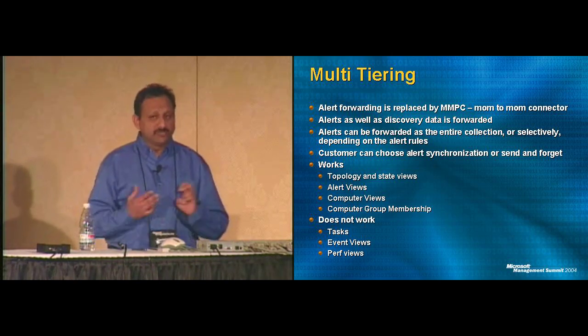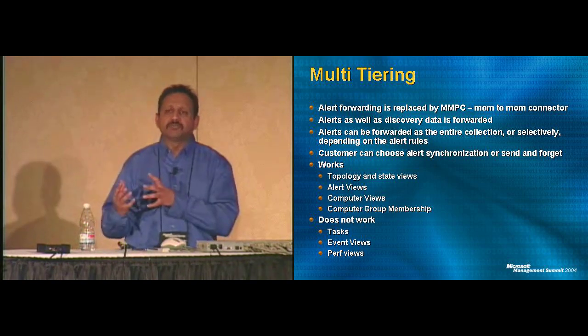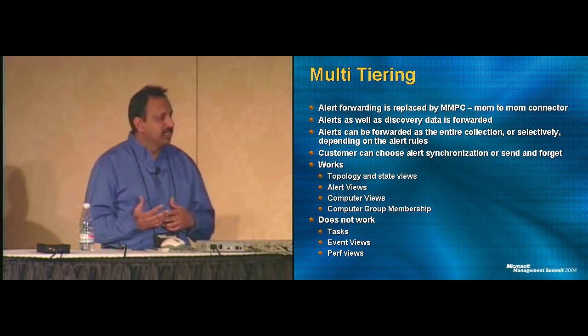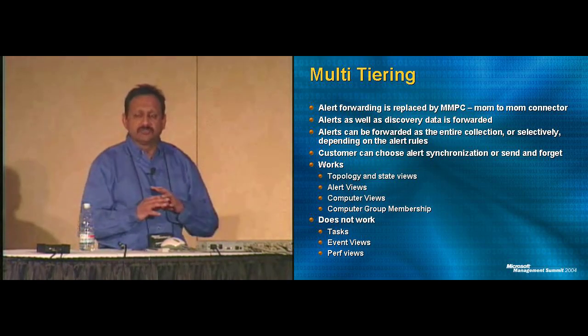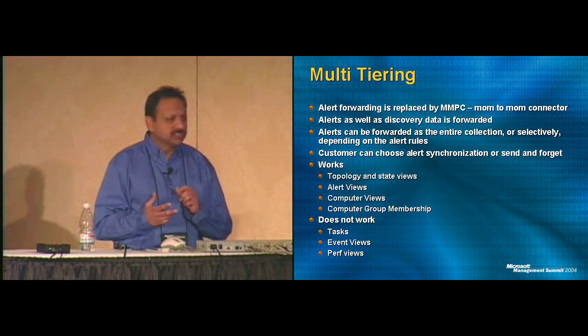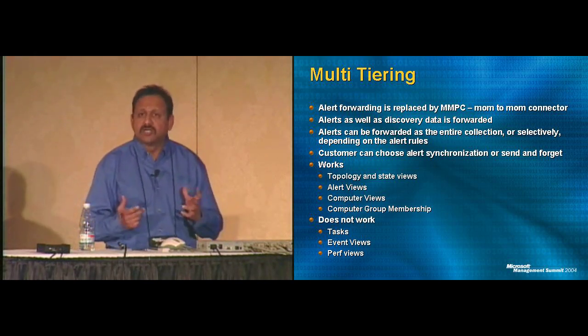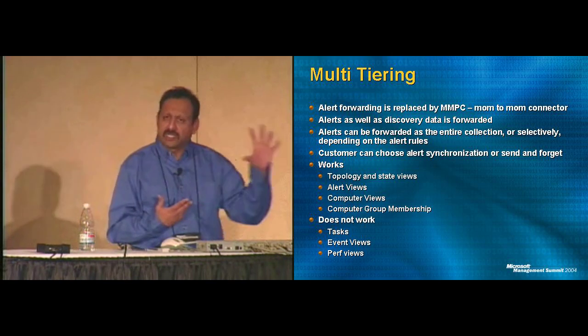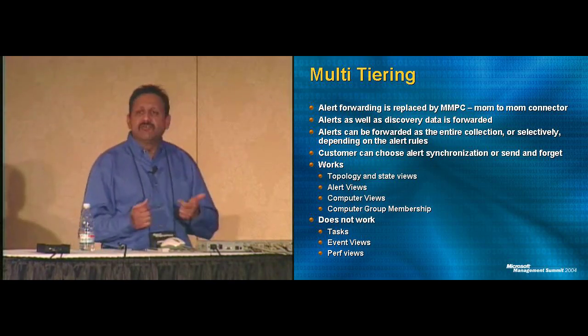As a result, because we send all the service discovery data, you get a much richer experience even at the top tier. You'll be able to see topologies cobbled together from multiple lower-tier management servers, alert views, computer views, and even group memberships can automatically work because we have all the attributes collected upstairs. What will not work, by design, is things like events and perf view.